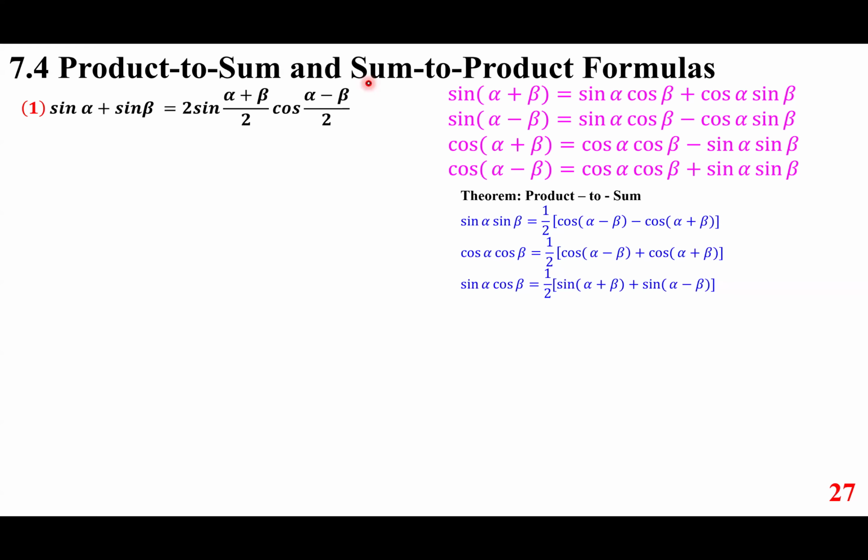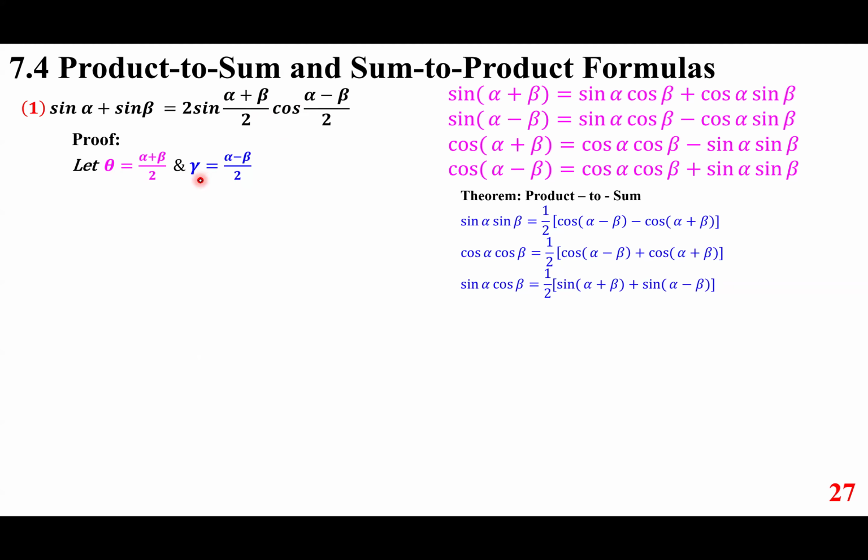And let's look at the proof. To prove that, we are going to assume alpha plus beta divided by 2 is something like theta. Alpha minus beta over 2 is something else like gamma. You can go with x and y if it's easier, everybody. Some variable.